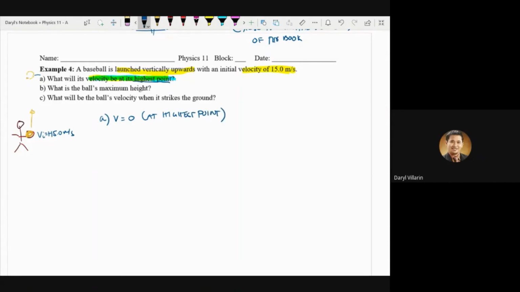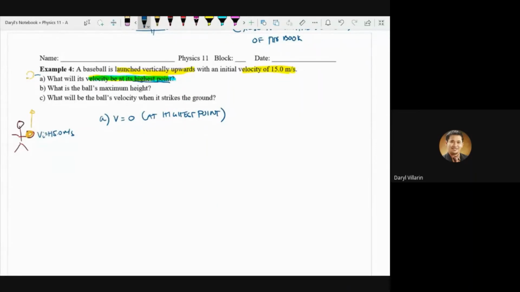But then again, this is just being thrown upward. Later on, if we talk about projectile motion, at the highest point the velocity is actually not equal to 0. It's still moving, but it's just the y component. But in this case, it is just being thrown upward, so at the highest point it is equal to 0.